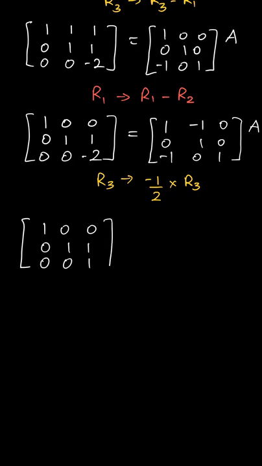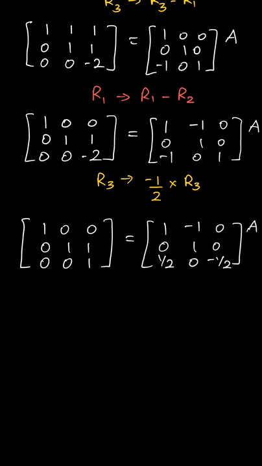Now this is equal to 1, minus 1, 0, 0, 1, 0, and minus 1 multiplied by minus 1 by 2 is 1 by 2. Here we will have 0, and 1 multiplied by minus 1 by 2 is minus 1 by 2. Now this is multiplied by A.